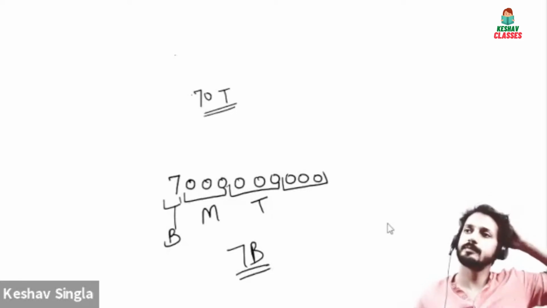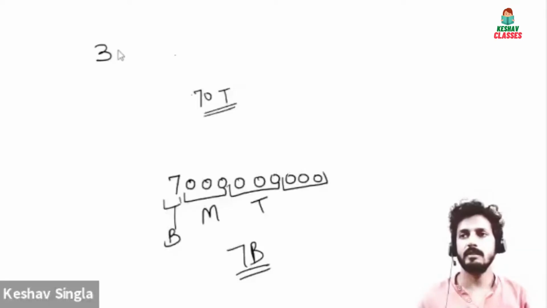Got it? Okay. Just tell me, say stop somewhere. Stop. What is this number? So for 30 trillion? 3 trillion?